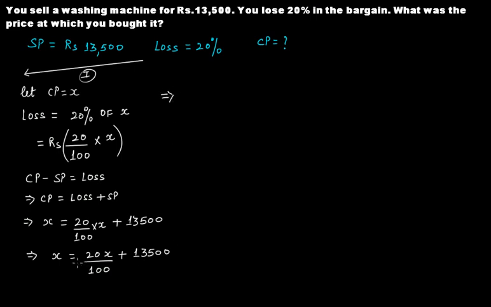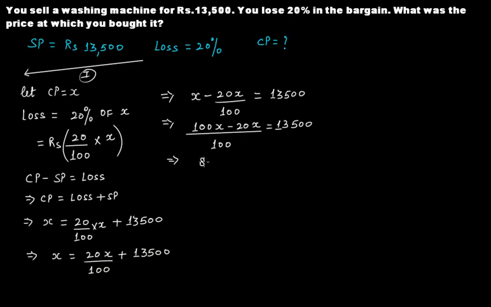Now if you see here, if I take this 20x over 100 to the left side, this becomes x minus 20x over 100 equal to 13,500. And if you solve it, you get 100x minus 20x over 100 equal to 13,500.